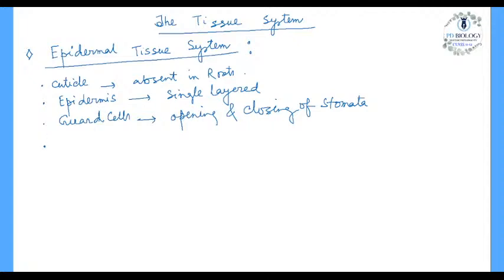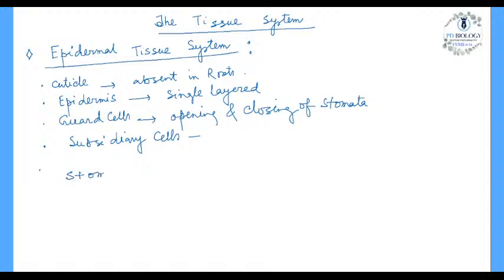A few epidermal cells near the guard cell are specialized in shape; they are called subsidiary cells. The stomatal aperture, guard cells, and the surrounding subsidiary cells are collectively called the stomatal apparatus.